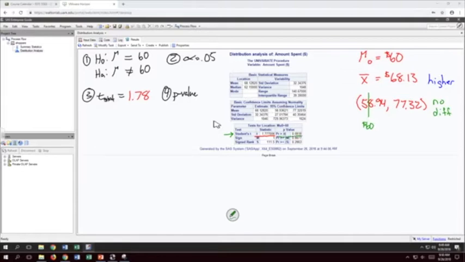You'll notice that the p-value says it's the probability that we're greater than the absolute value of t. That absolute value is telling you that it's the plus and minus, that it's a two-tailed test. That's how I know it's the default. So our p-value is 0.0818.